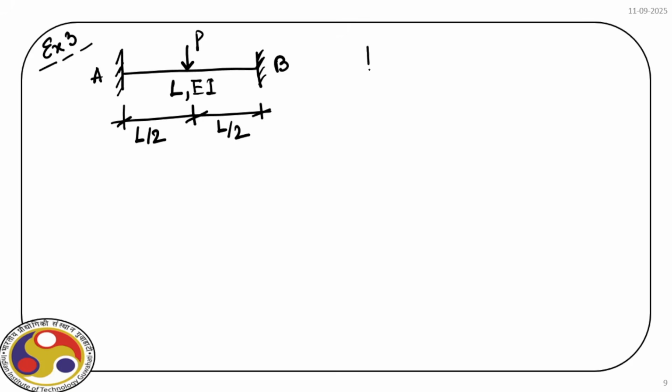So left end we keep as is, and the right end we replace with a reaction R and a bending moment M. So this is the end A and end B. And we have the point load P at the middle, which is at L by 2 from either side, right?